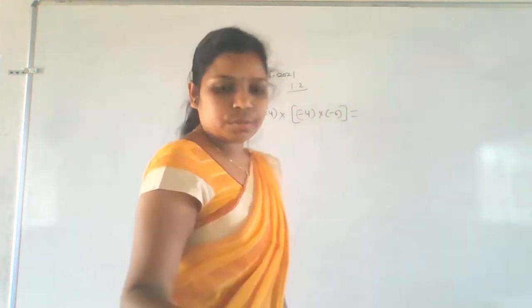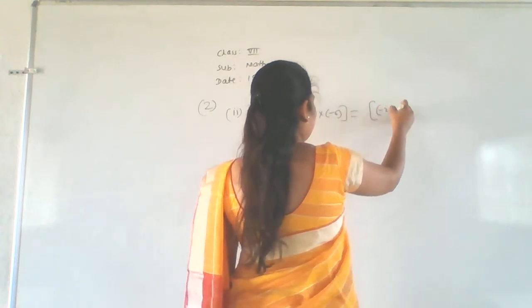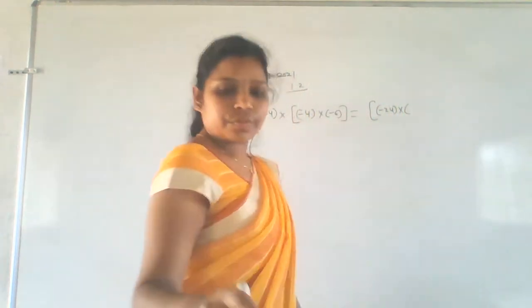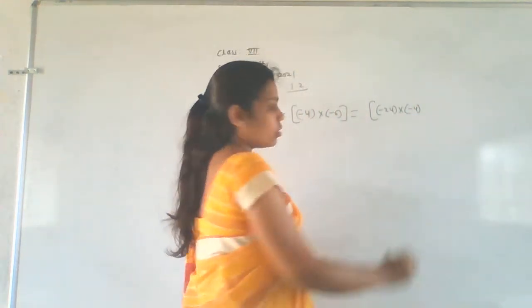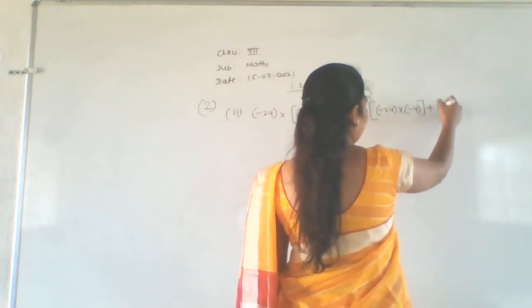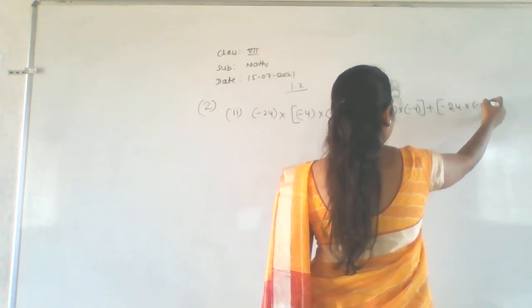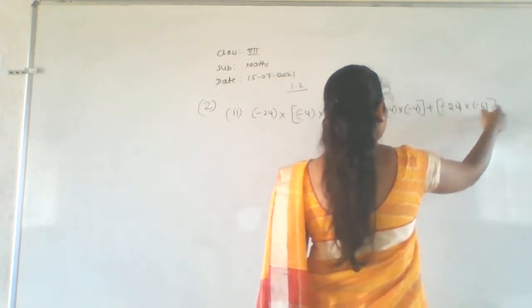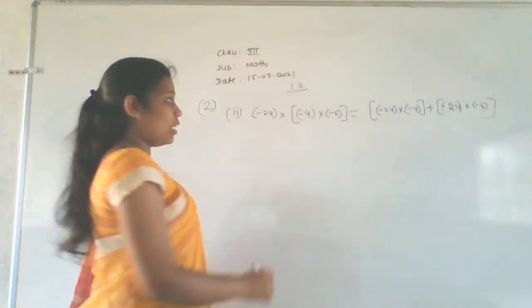That is equal to minus 24 into minus 4 here. And next, plus of minus 24 into minus 6. Right? Now we have to check whether these two are equal or not.